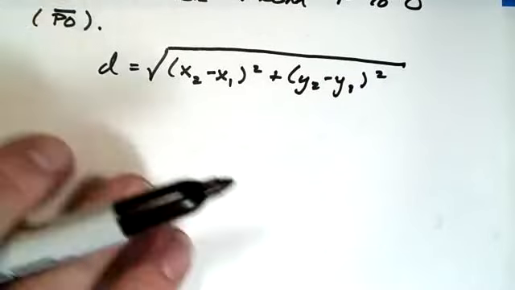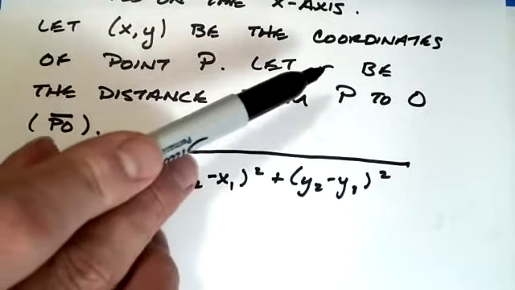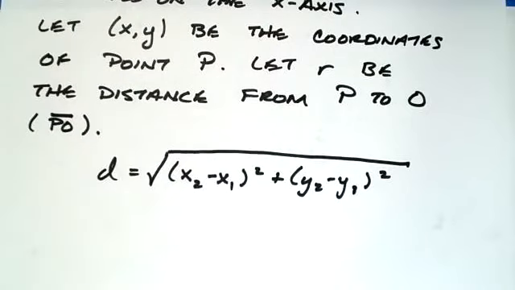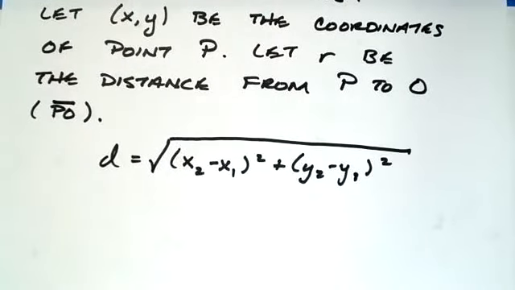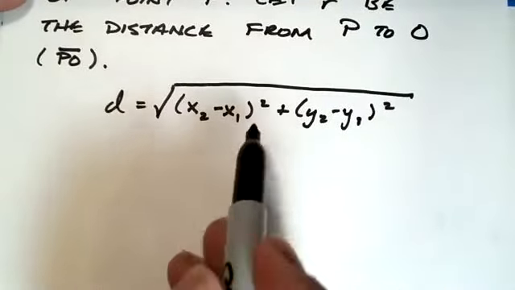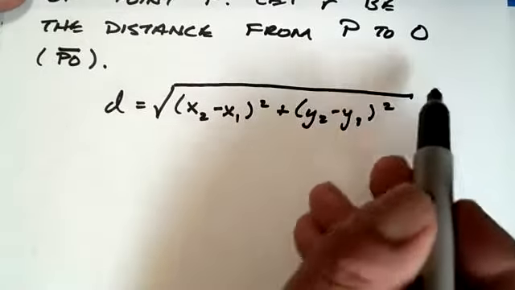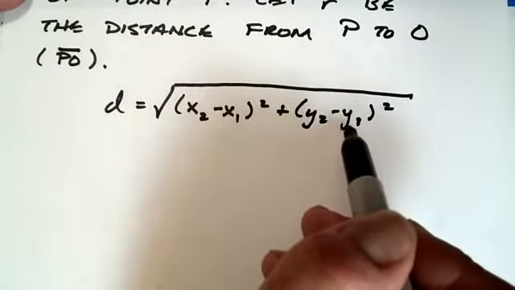Now, in this particular application, we've replaced d with r because it's kind of the radius of a circle that we will eventually get to. And one of these points, say point 1, is actually the origin. So it's 0 and 0.